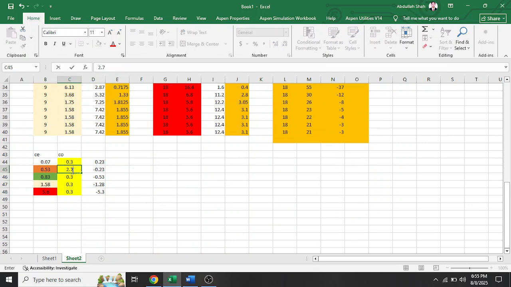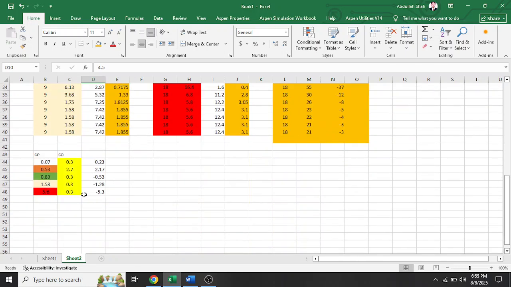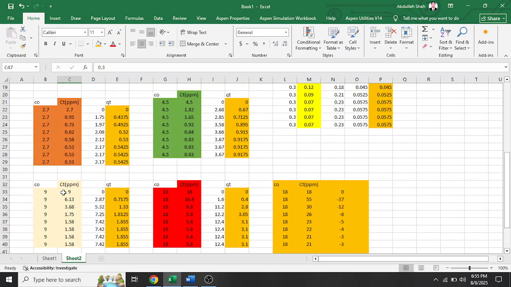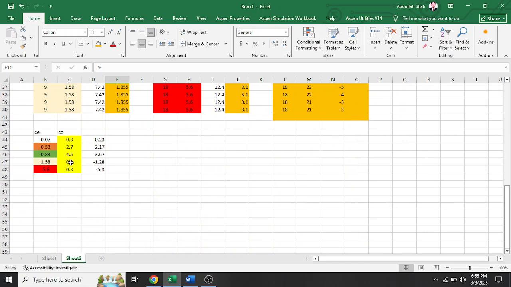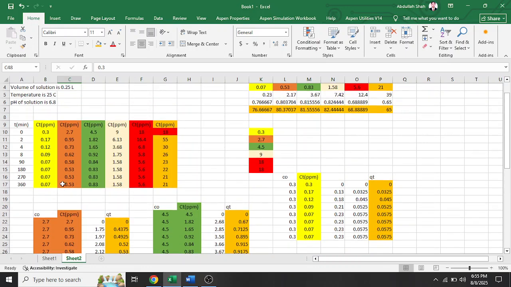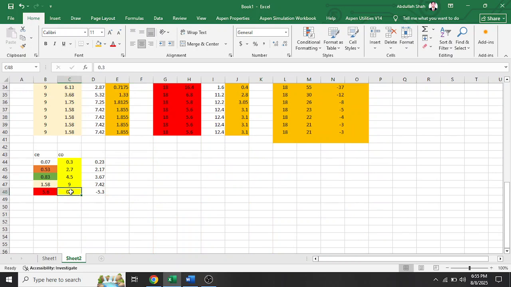For the third experiment, the C naught is 4.5. For the fourth, it is 9. And for the fifth experiment, the C naught value is 18.